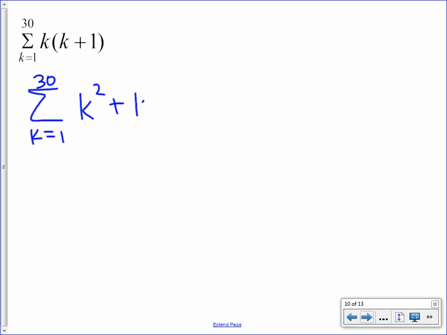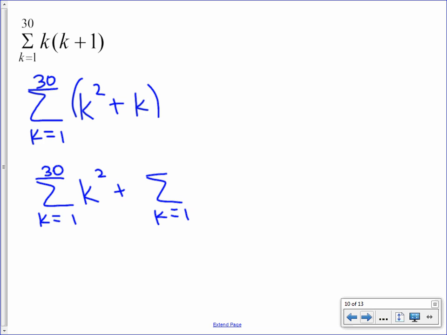And then we have that property that says that if we're adding two different things inside of our summation, thank you for the suggestion, Jimmy. We have the sum from k equals 1 to 30 of k squared plus the sum from k equals 1 to 30 of k. And so now we have two summations that we're going to add together.